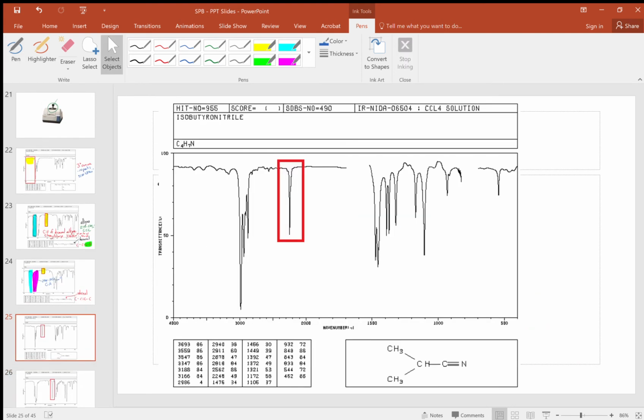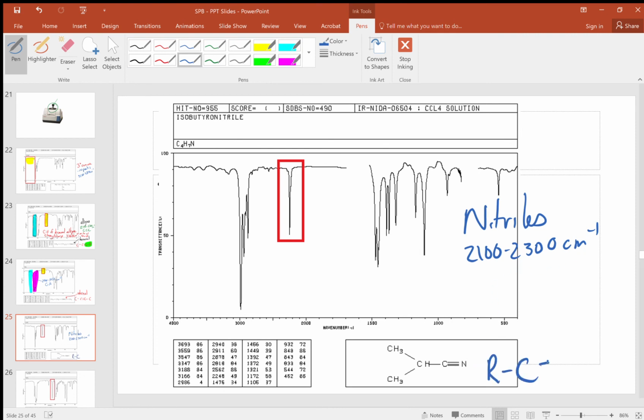Now, in that same range as alkynes, that 2,100 to 2,300, we also find nitriles. So a nitrile is a carbon triple bonded to nitrogen. We see the example of a nitrile peak here. What usually differentiates them from alkynes is that both of them are sharp.